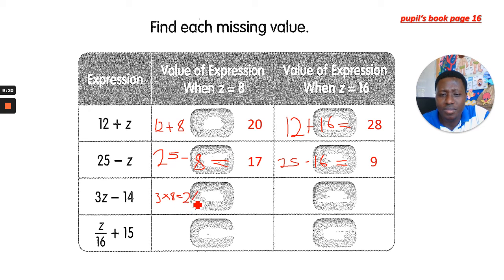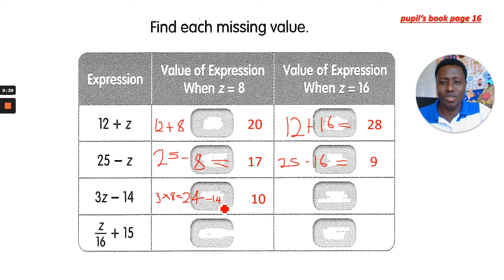We're not finished. And minus 14. 3 multiplied by 8 gives us 24, and minus 14. You should be getting 10, I think. Yes, it's 10.